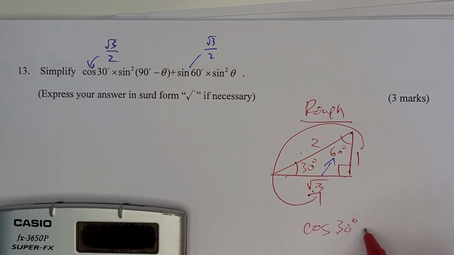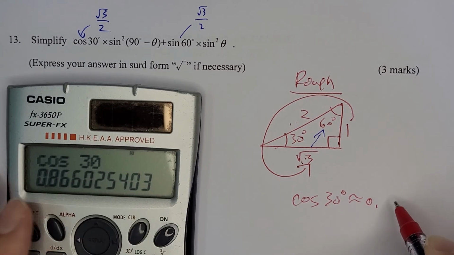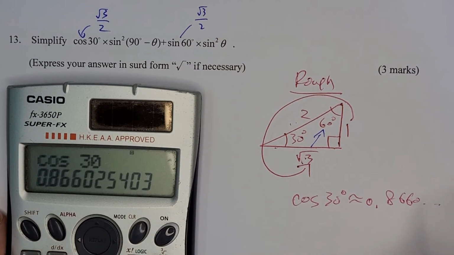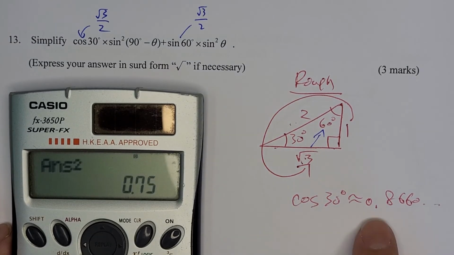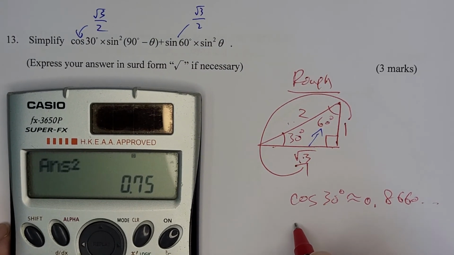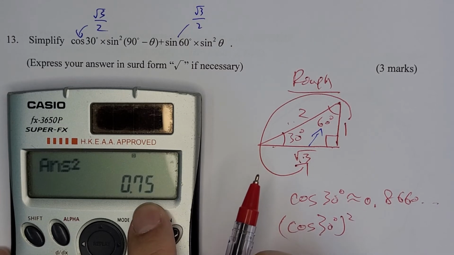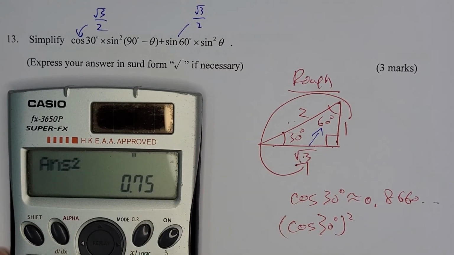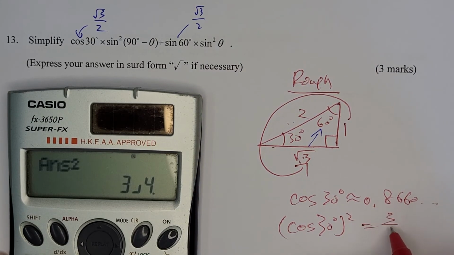Cosine 30 degrees is about 0.8660 something. But when you press square, then you get 0.75. That means cosine 30 degrees squared is 0.75. When you press the fraction button, that is 3 over 4.